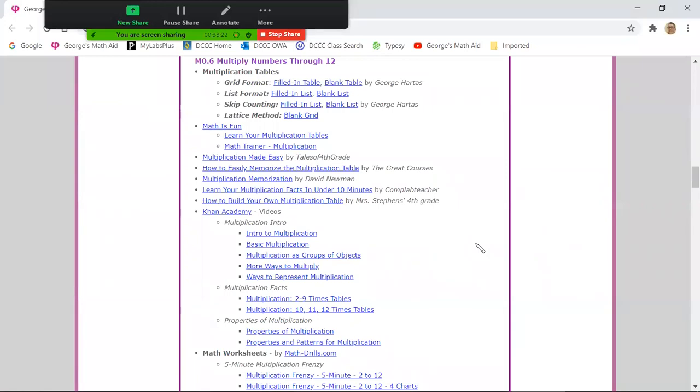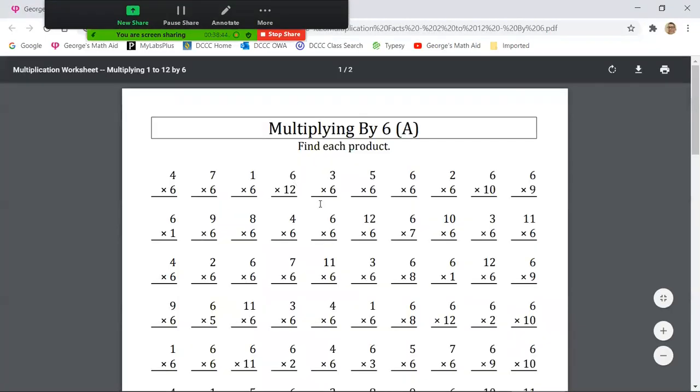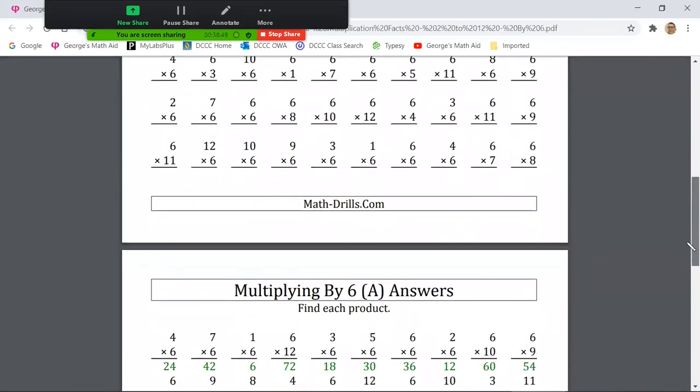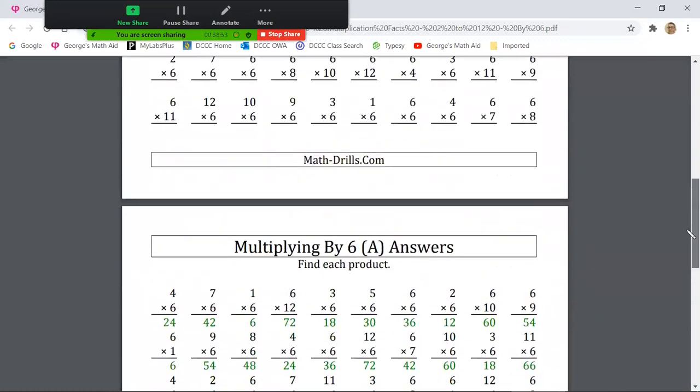And I'm hoping you can see this, but this is the MATO 25 webpage and the section on multiplying single digit numbers. So if you go down a little bit, you'll see these worksheets. And if you click one of these, hopefully you can see this, you can use these as additional ways to drill. And you have answers down here, by the way.